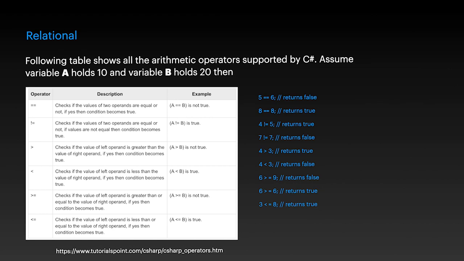And we can see that the following is very self-explanatory. You can see the blue one, 5 double equals 6. Now 5 is not equal to 6, so the value returns false. A double equals 8 returns true. So all of those return true or false, right?